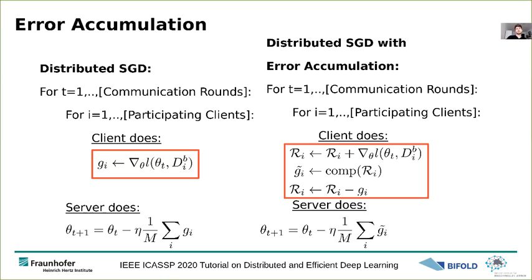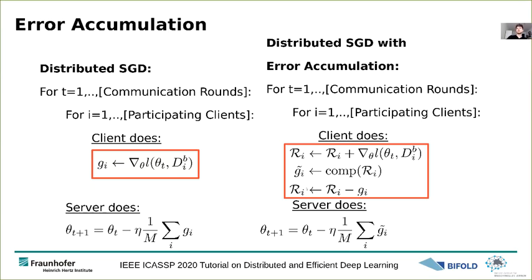And this is the only thing that changes in error accumulation: the difference between the actual gradient that was computed and the compressed gradient that is here is added to a residual.